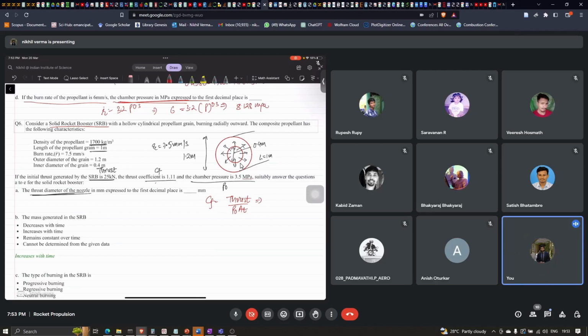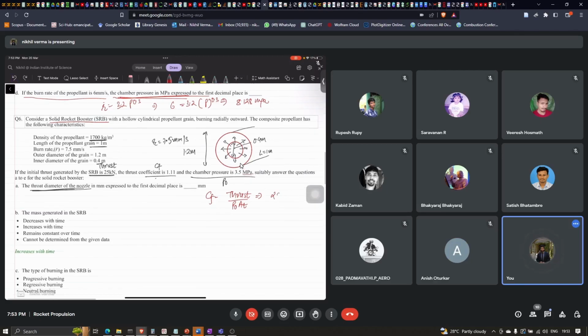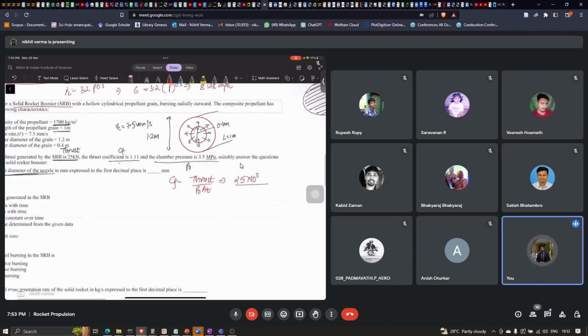So this is 25 kilonewtons divided by 1.11 into 3.5 into 10 to the power 6. This is At.